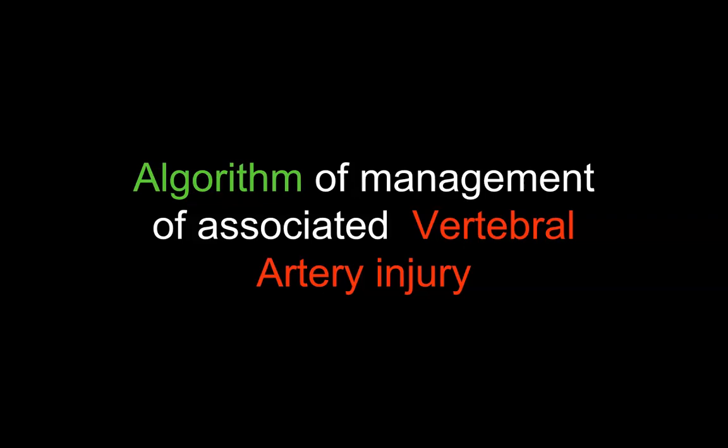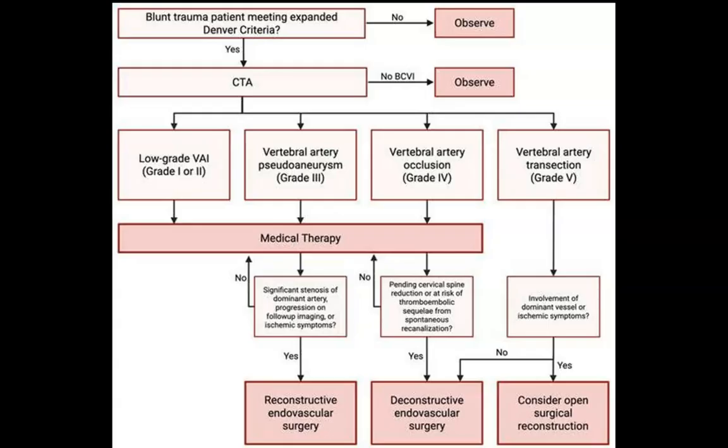So if I did this and I found vertebral artery injury, from grade 1 to grade 5, what to do? So blunt trauma, and you have the suspicion: if the Denver or Memphis criteria are absent, you observe. If the Denver or Memphis criteria are present, you should do a CT angiography.